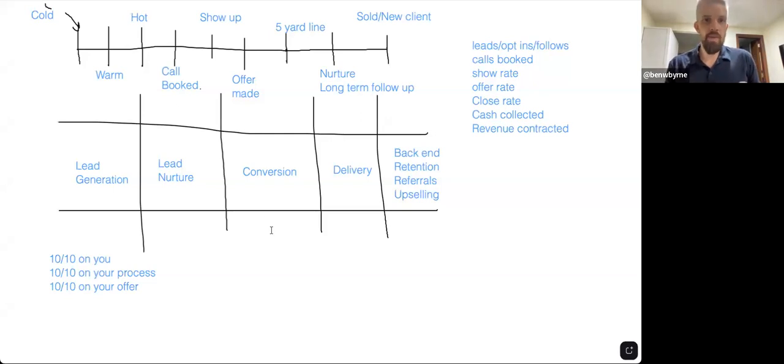And then let's say you book a call with 25 of them. The other ones just kind of disappear. Well, with 25 calls, let's say your closing rate is average, 10% or 20%. So 1 out of 5 say yes, that's 5 sales.